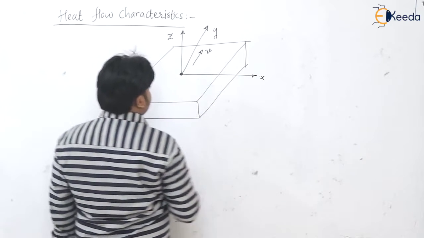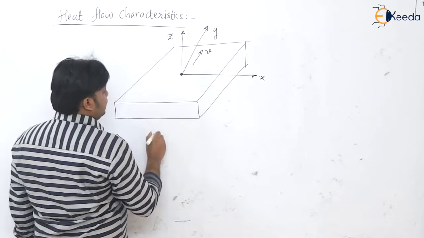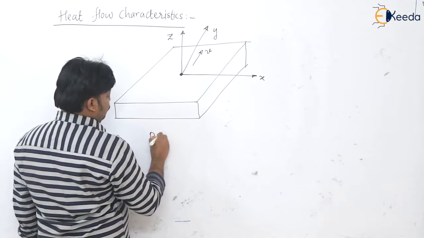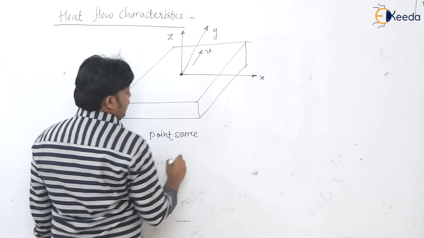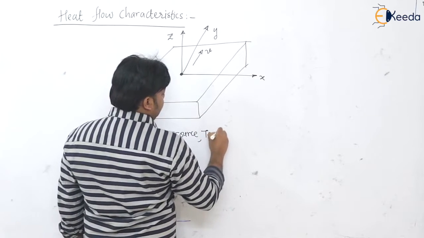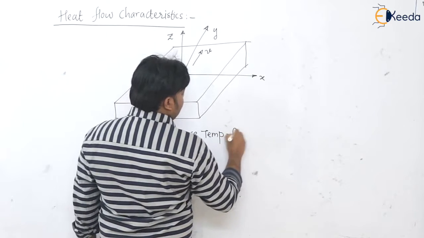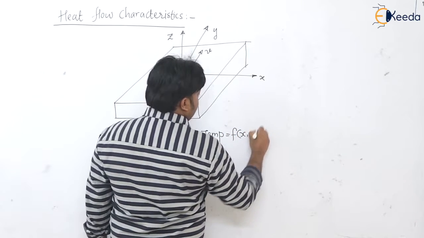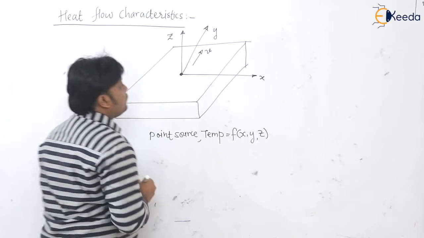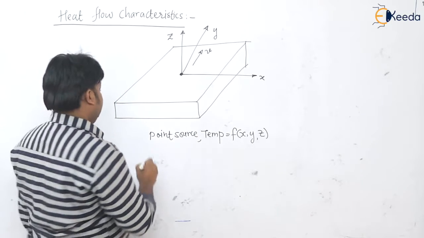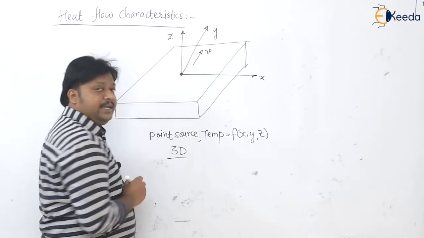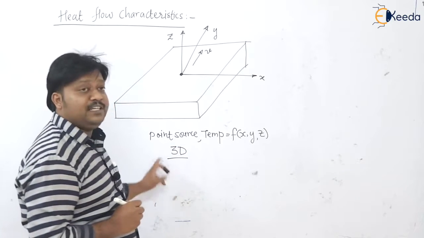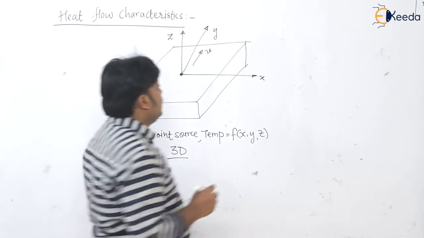Then here, see, this is a point source, and here the temperature is a function of X, Y and Z. Okay, so this is three-dimensional. We are assuming it as a three-dimensional heat flow.